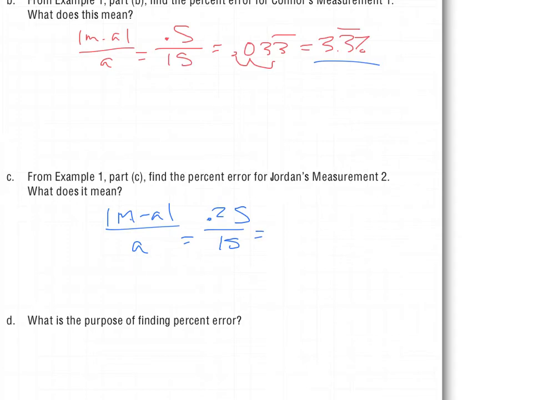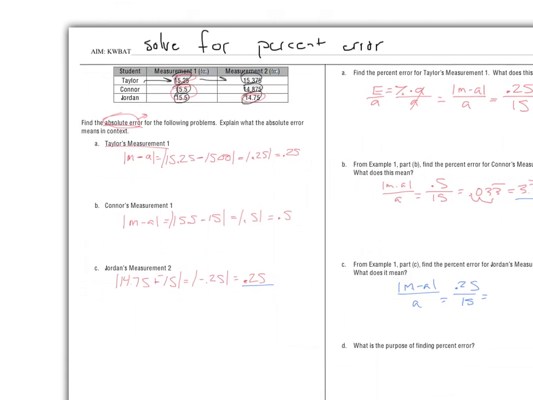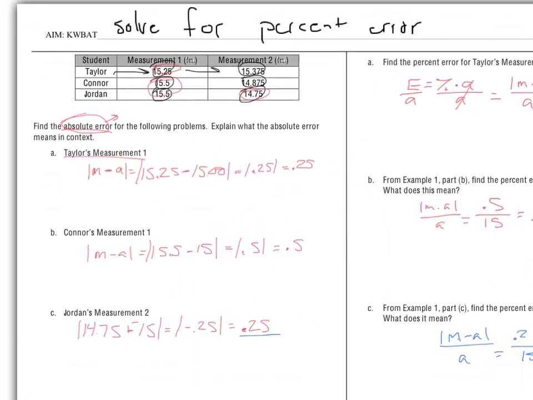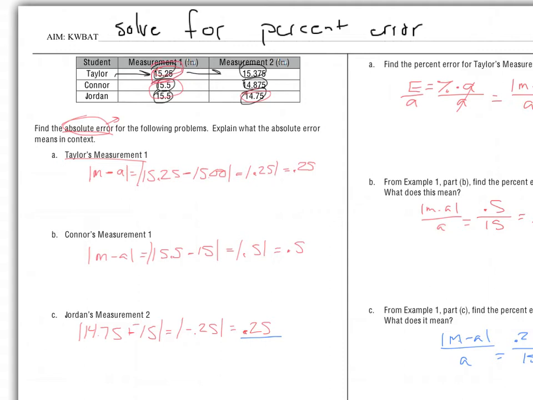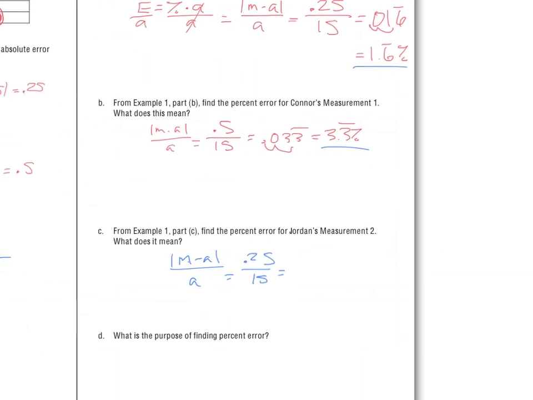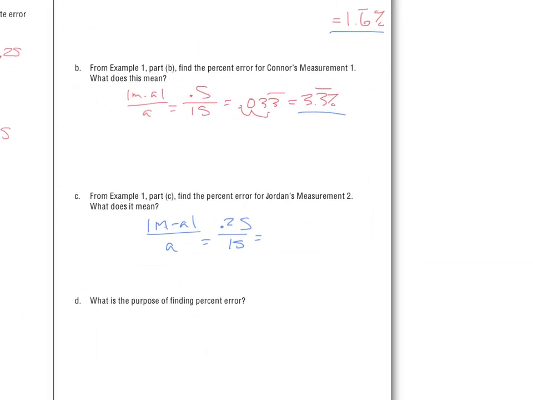So the difference between Jordan and Taylor, if we look at this, is that they have different measurements, but their error is the same because they're off in different directions. This tells us that for both of them, we get 0.016 repeating or 1.6 repeating percent, which tells us that their error is equal, but maybe they're off in different directions.